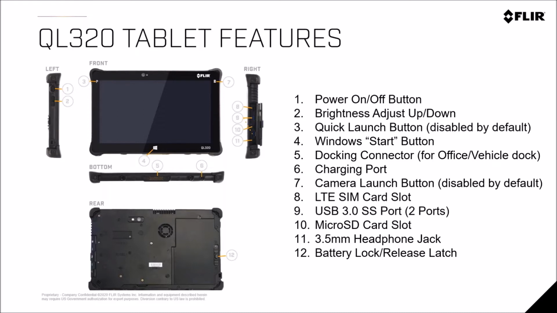There's really no functionality for us within FLIR to have much of a quick launch button because the tablet itself has the QL320 or the QOGI, the FLIR QL320 on the desktop. So there's not much functionality, but for some people that may expand the use of the tablet with other pieces of their business, you do have that capability.